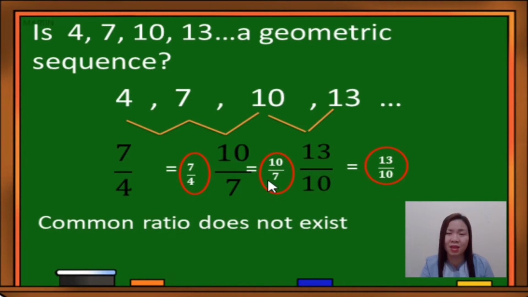As you can see, the quotients 7 over 4, 10 over 7, and 13 over 10 are not equal. Therefore, 4, 7, 10, 13 is not a geometric sequence. So the answer is no.